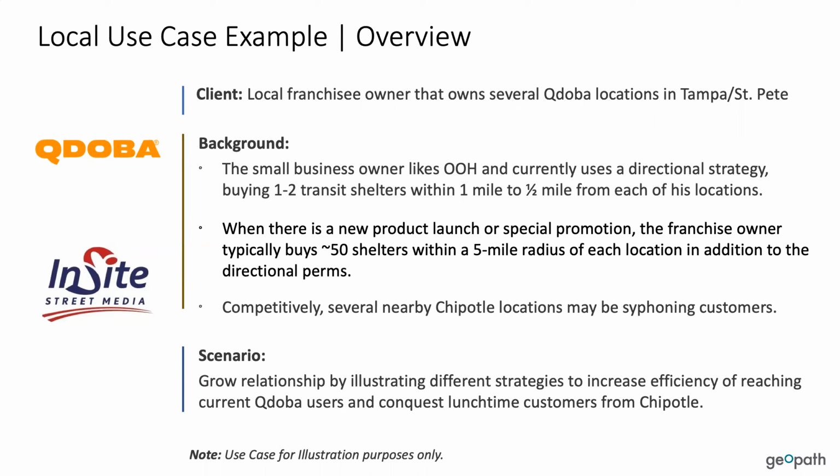By showing different strategies, different ways that the Insight Suite can help increase the efficiency of reaching current customers, so those that are already going to Qdoba, and even conquest some lunchtime customers from Chipotle. Again, given where some of the key locations are, lunchtime is a key time of day for this franchisee owner.